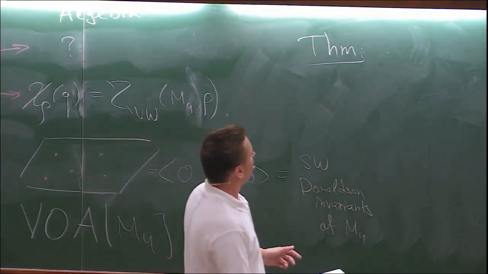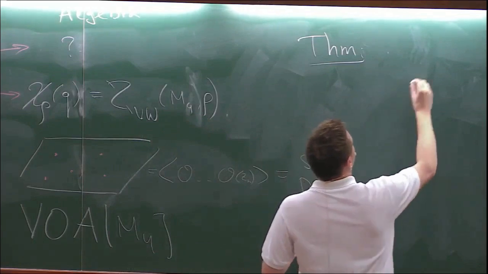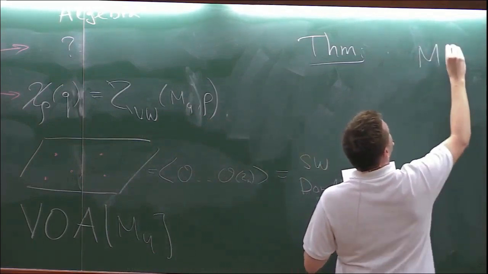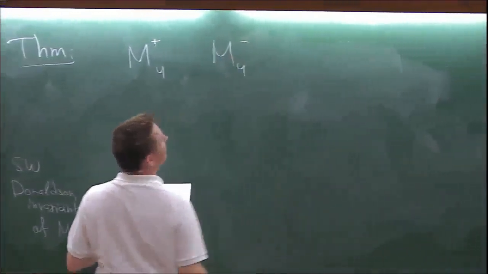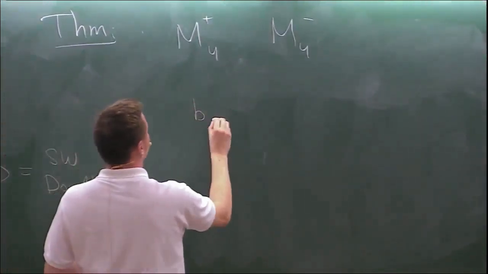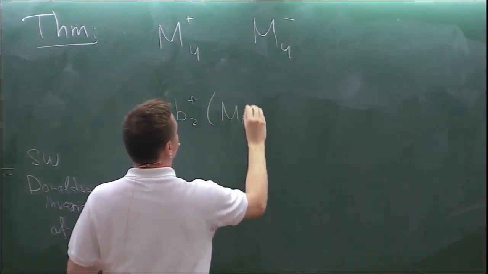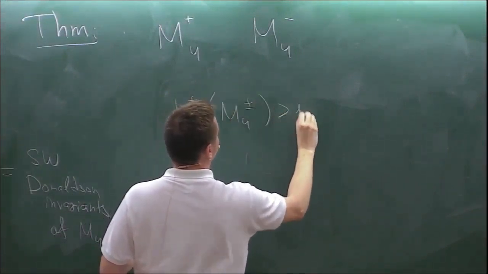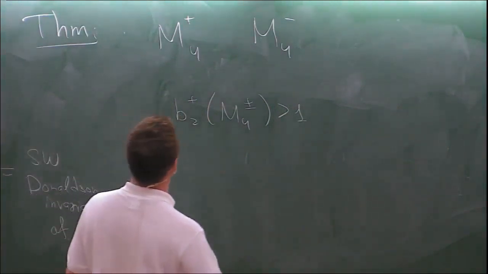But the problem is, and it's very easy to see where it comes from, if you take two closed four-manifolds, M4 plus and M4 minus, take your favorite, a K3 surface would do, and ask that b2 plus of each one of them, M4 plus and minus, is bigger than 1. So a K3 surface indeed is a good candidate, or anything else you like, a Hirzebruch surface if you wish.